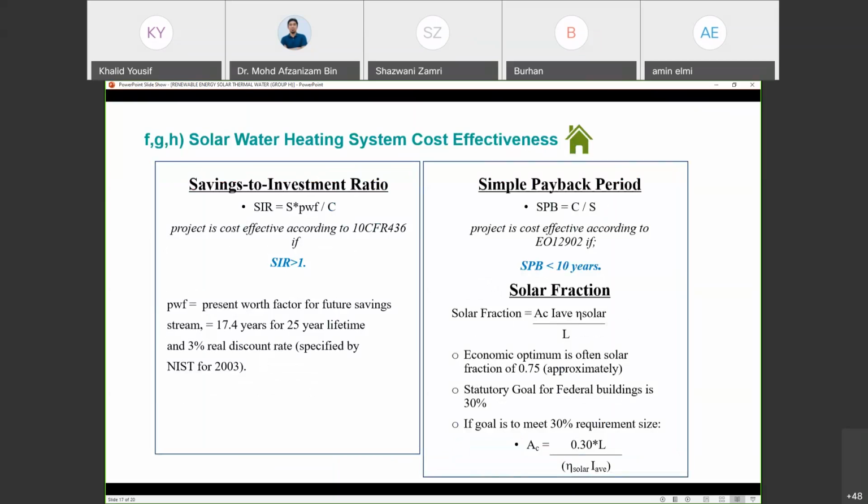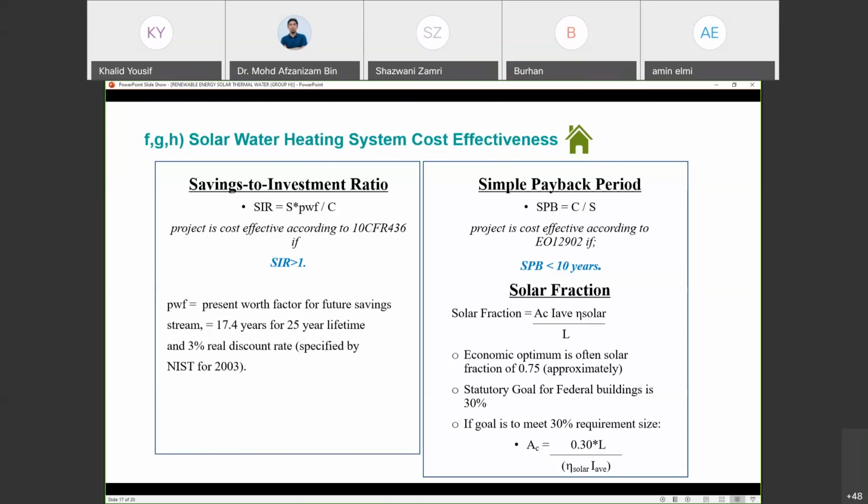The project is considered to be cost effective if the result is above 1. The simple payback period, SPP, equals C divided by S, and is considered cost effective if the result is below 10 years.